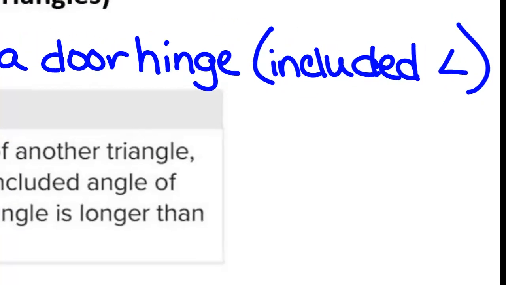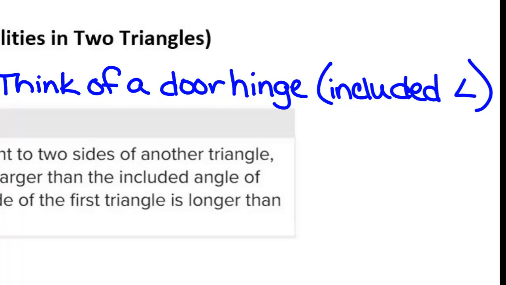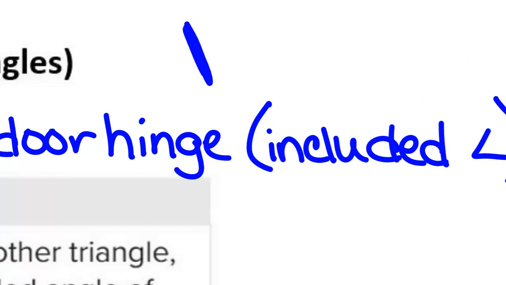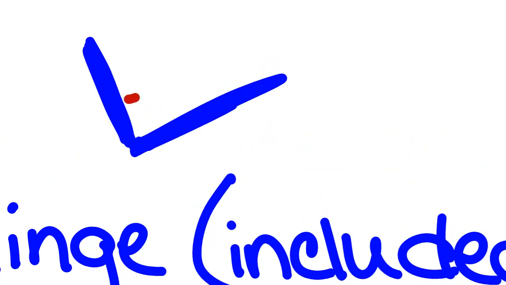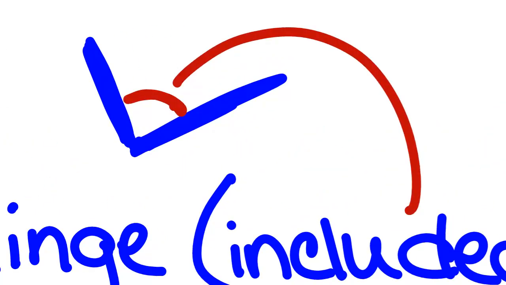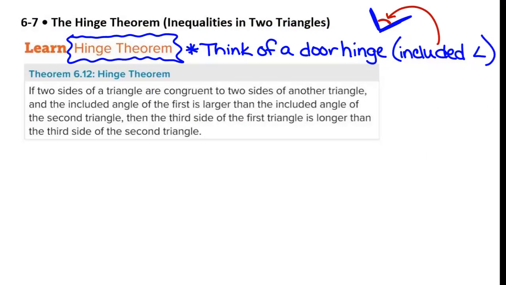So if you have, let's see if I can draw a picture here. Remember, this would be the included angle here. Think of something opening and closing, and there's a hinge back here that's holding those two pieces together. That's why this is called the hinge theorem. So we're going to be looking at the angle that's formed when you open or close this door.